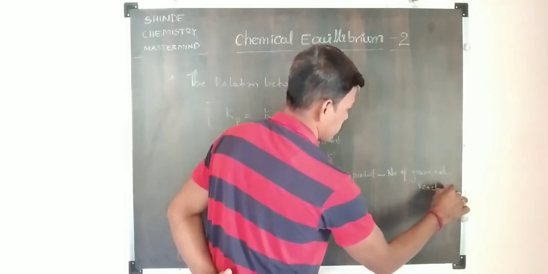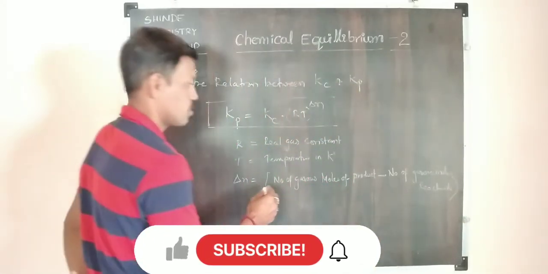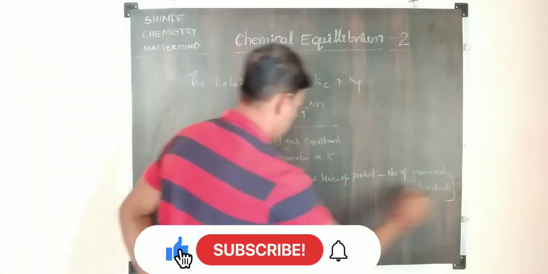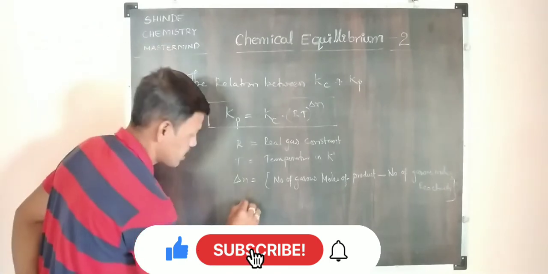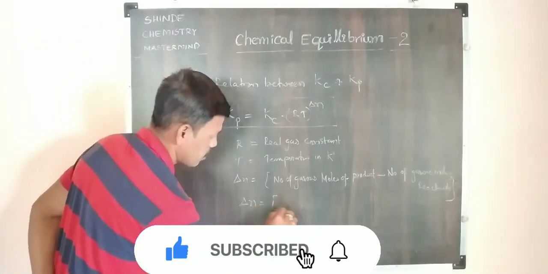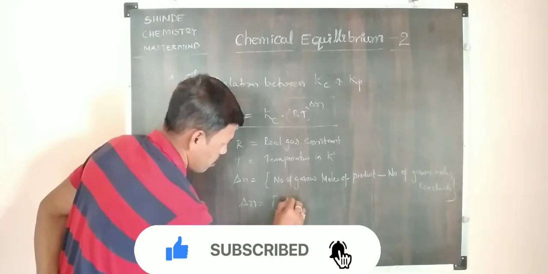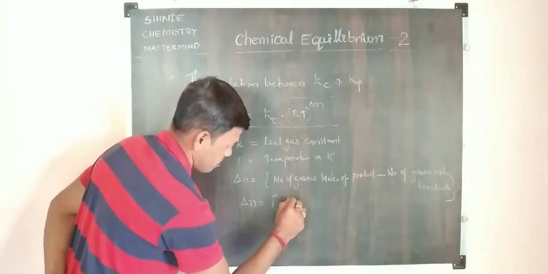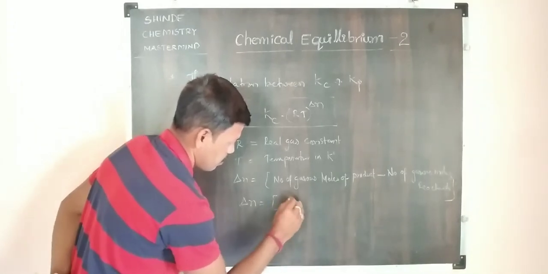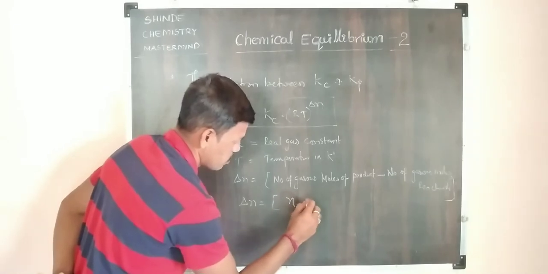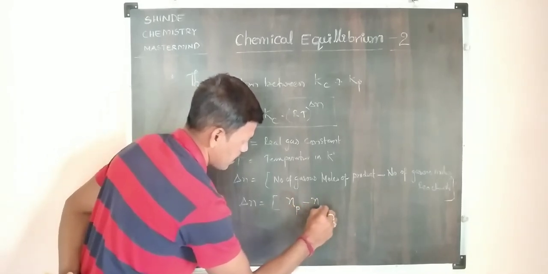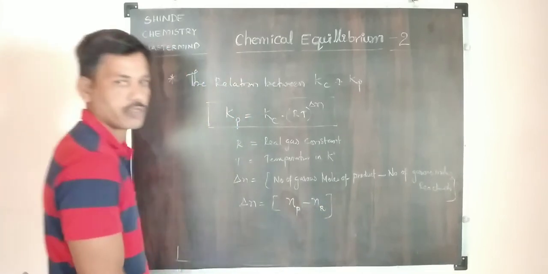So by this we get the delta n value. Simply, delta n is equal to the number of moles of products minus the number of moles of reactants. So this is simple.